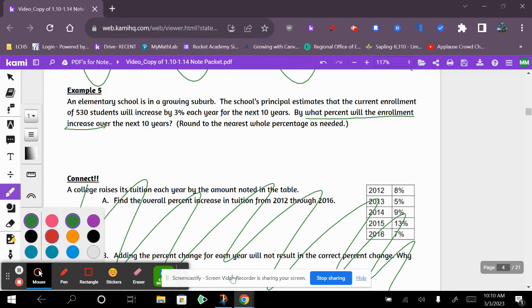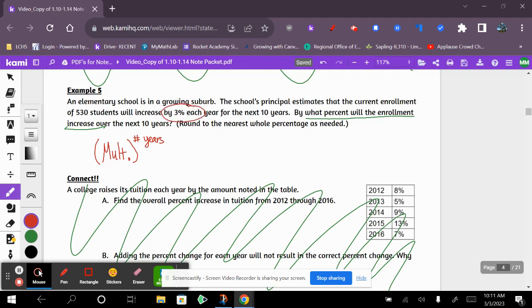You're going to take your multiplier, and the exponent will be the number of years. We know in this one that it's a 3% increase, so our multiplier will be 1 plus 3% as a decimal. So that's 1 plus 0.03. So we get 1.03. That's our multiplier.